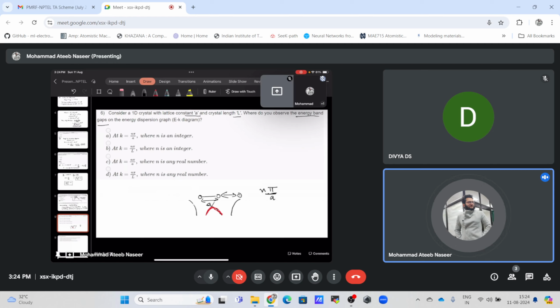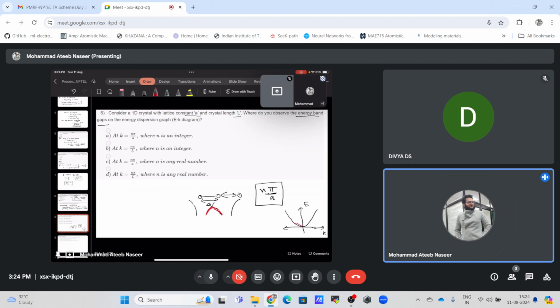So it occurs at the integer multiples of pi by a, as you must have seen in that parabolic relation of the E-k which we obtained from the Kronig-Penney model in the lectures. When we obtained it, we saw that it was not a continuous parabola, but somewhat like this.